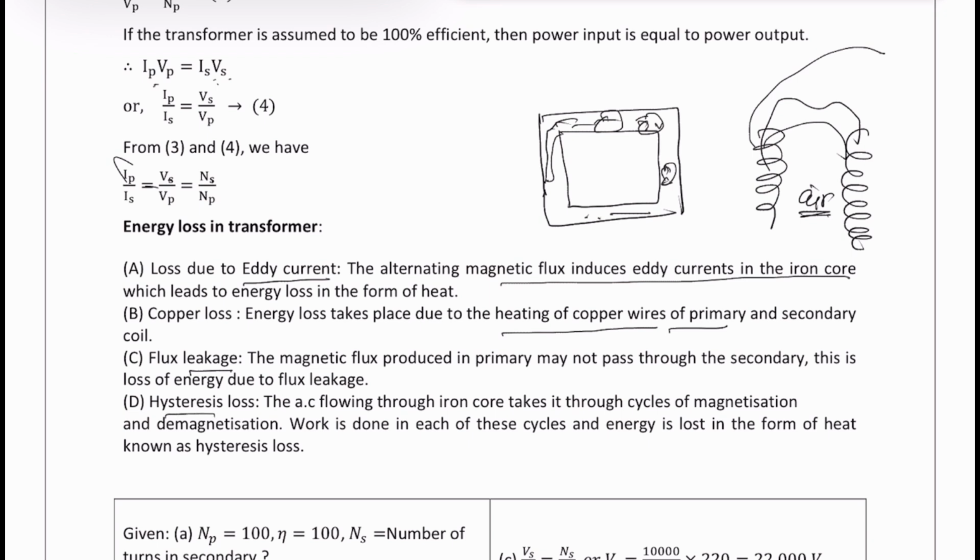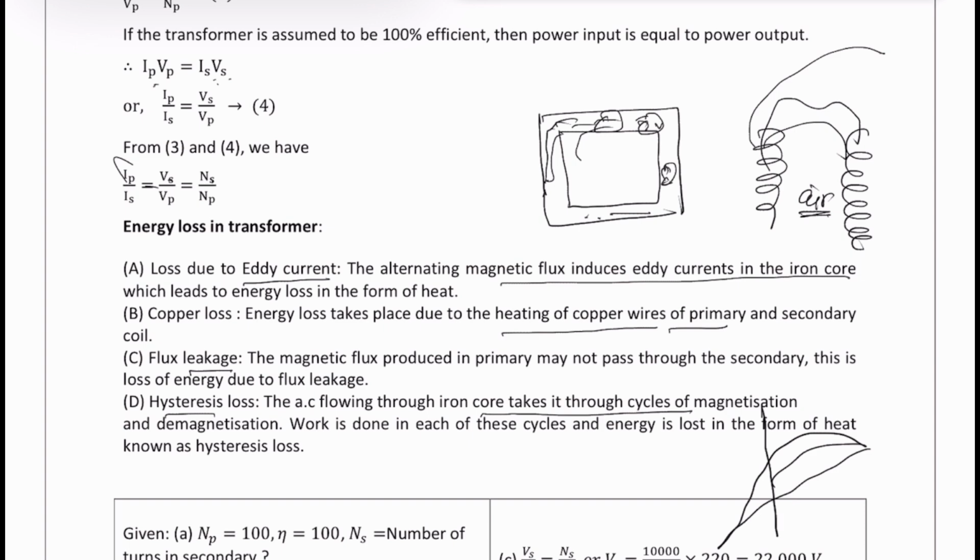What is hysteresis? See, the process of magnetization and demagnetization involves some retentivity in that core, correct? So AC flowing through the iron core goes through the cycle of magnetization. You know this is the hysteresis curve. I will explain later whenever I take up this topic.